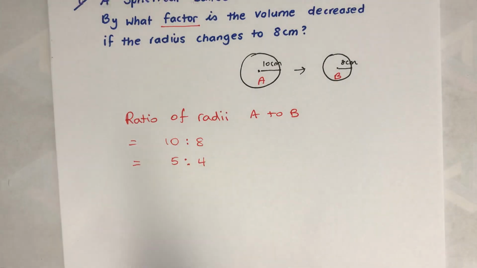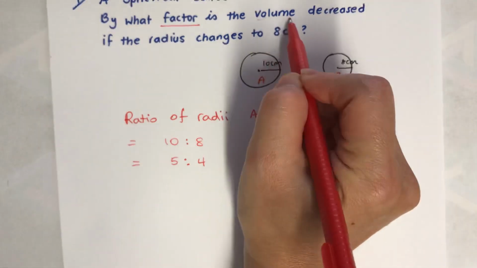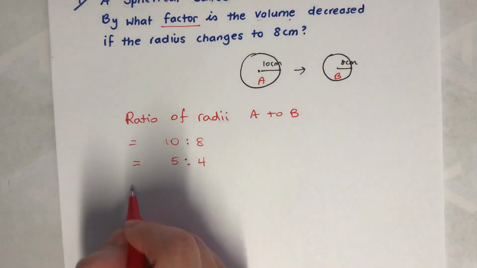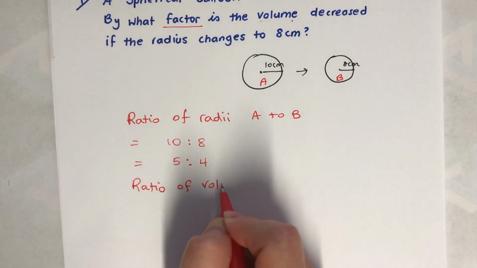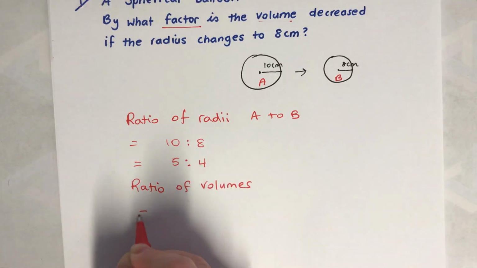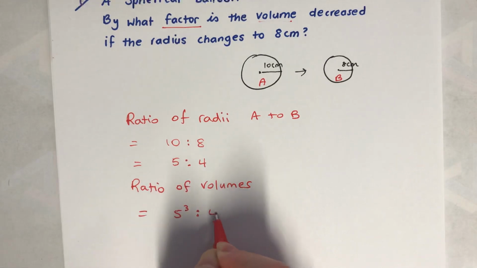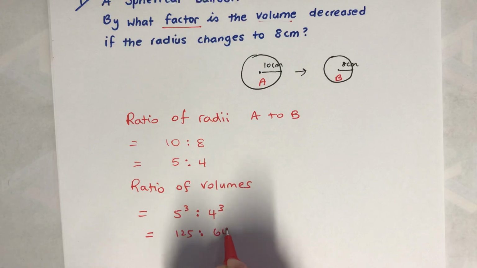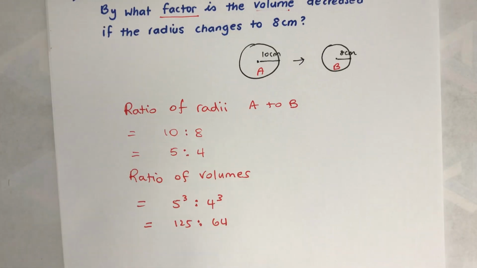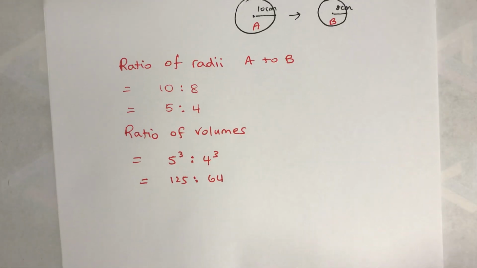From here I can go volume or surface area, but we go with volume because the question says volume. So the ratio of volumes equals 5 cubed to 4 cubed, which is 125 to 64. A calculator will be wonderful if you can't do it in your head.